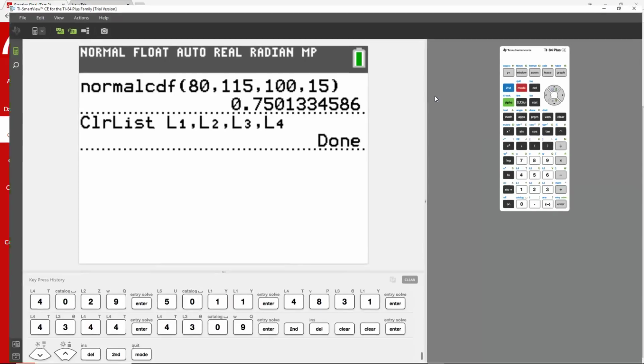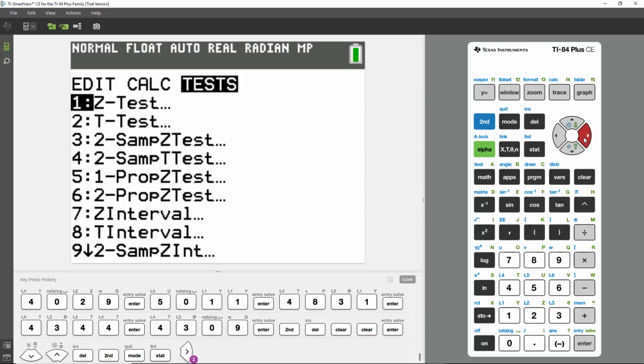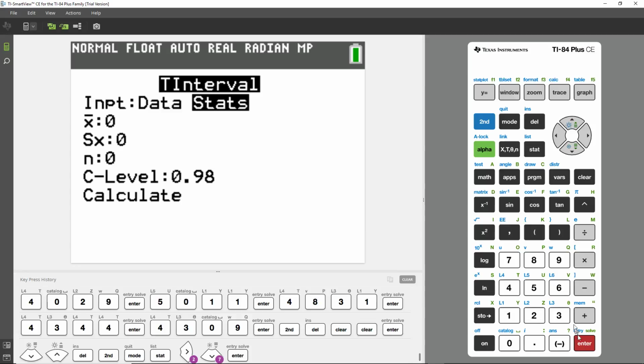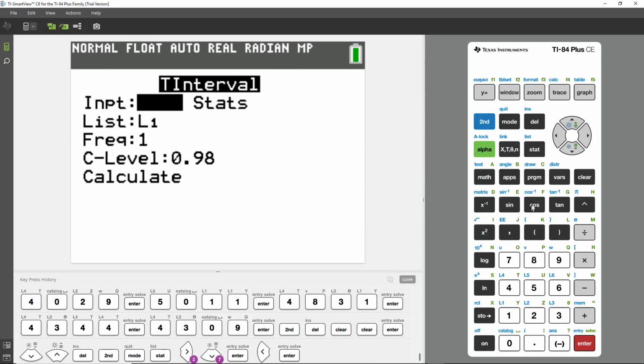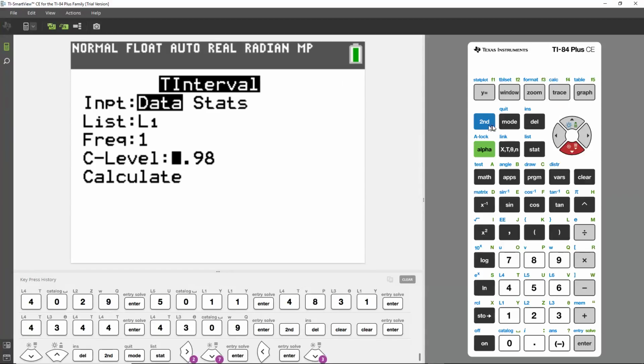So now we go into stat, tests, and it's just going to be a t interval. We're given the data is L1, and my confidence level is 90%.